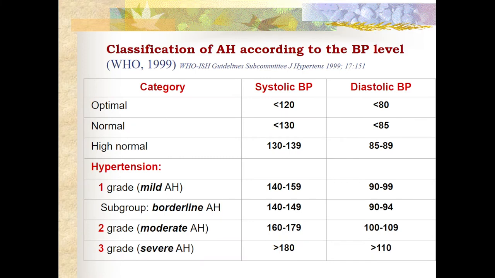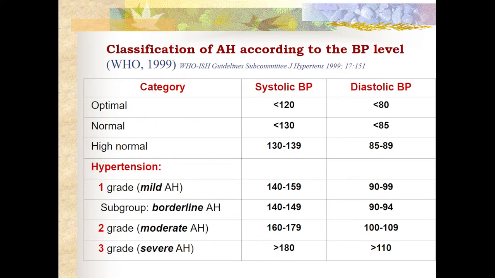Classification of arterial hypertension according to blood pressure level. Before discussion of arterial hypertension, we must remember about normal blood pressure and the three main categories of normal blood pressure. Optimal blood pressure is when systolic blood pressure is less than 120 mm of mercury and or diastolic less than 80 mm of mercury.